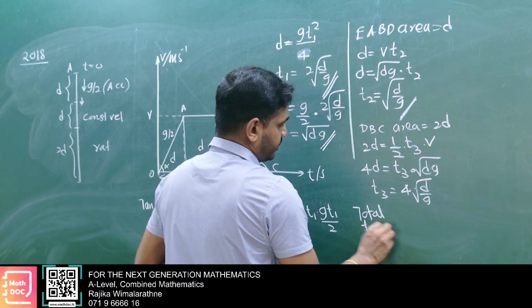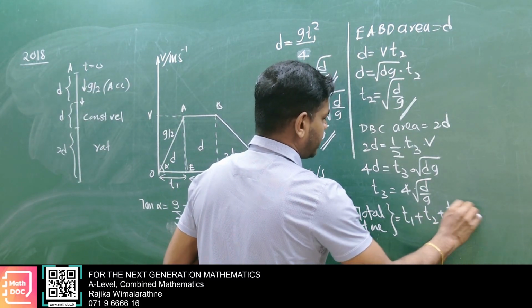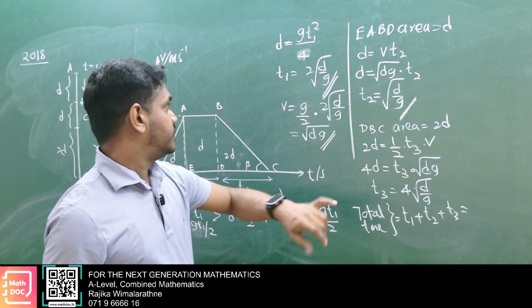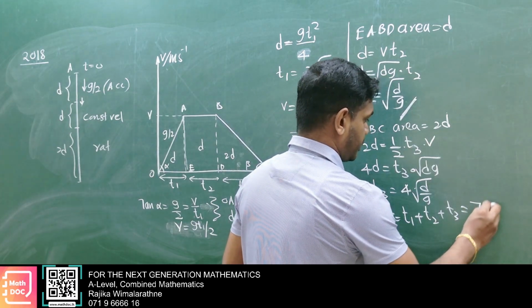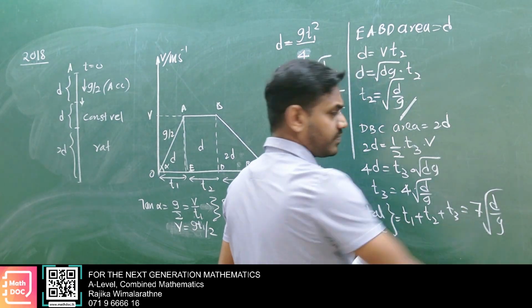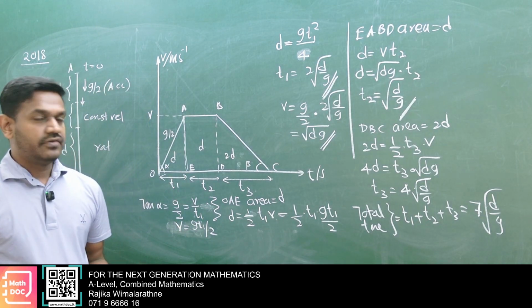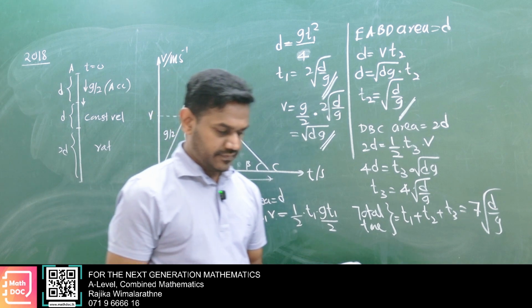Total time is t1, t2, t3 addition. Here 4, 5, 7. Seven d over g root. That is 2018.